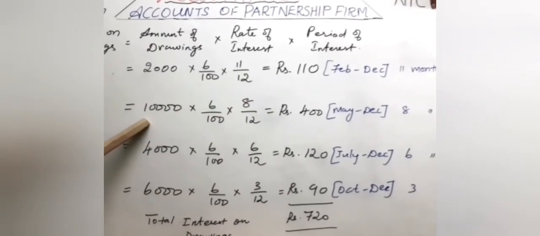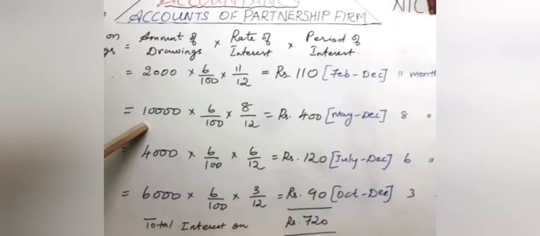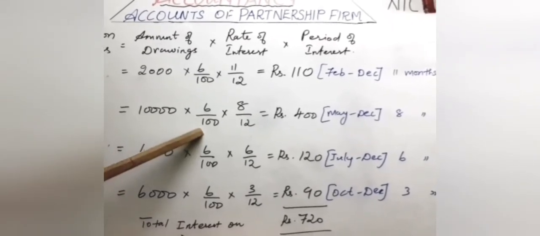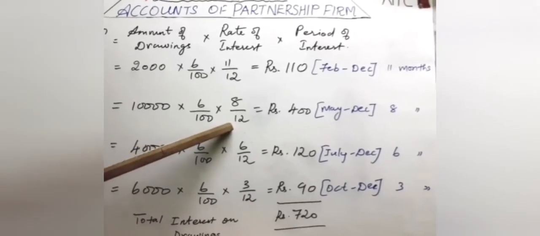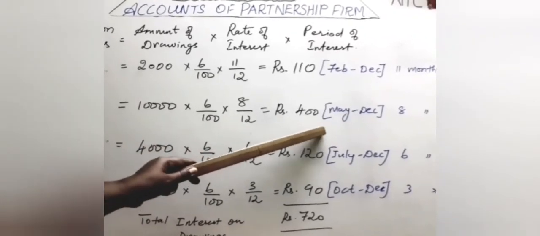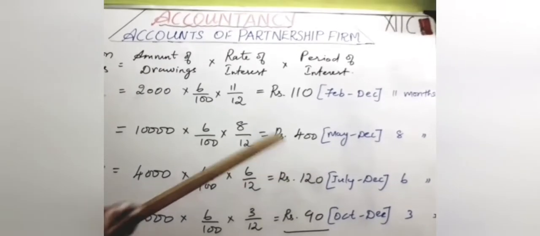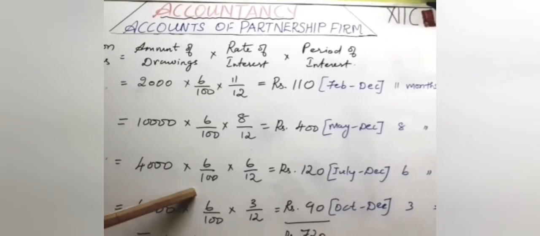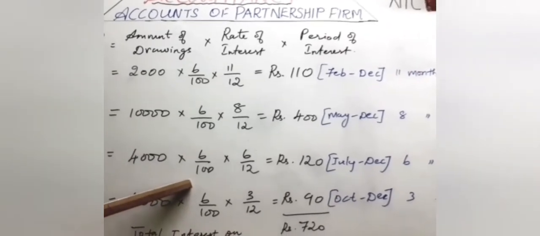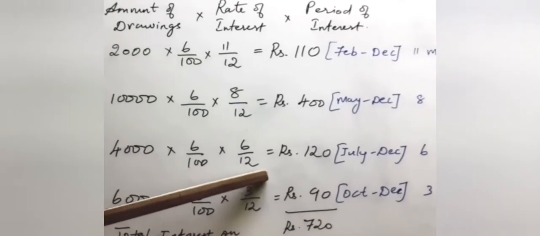Similarly, for the second sum, 10,000 rupees he is withdrawing. Apply the rate of interest, and the period of drawing is 8 months. How do those 8 months come? From May to December, 8 months. Okay children. Next is 4,000 rupees. Rate of interest is 6% and he is withdrawing in the month of July.